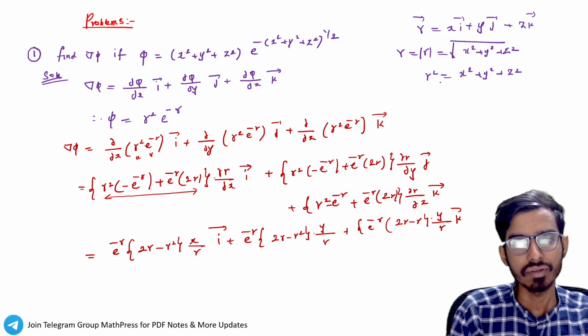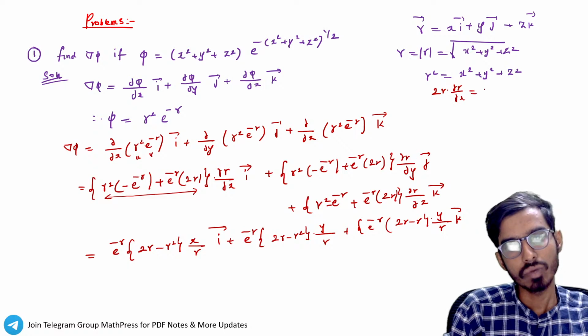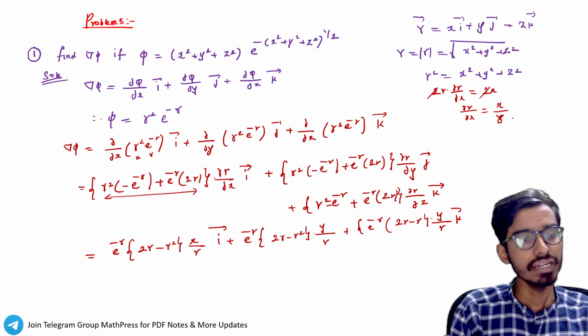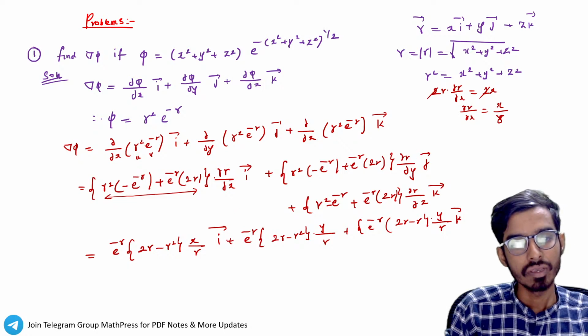So we know this, okay. Because we differentiate r² with respect to x, so 2r ∂r/∂x is 2x, and this will be 0. So ∂r/∂x will be x by r, right? Similarly, if you differentiate with respect to y, you can find ∂r/∂y to be y by r. You have already done this.